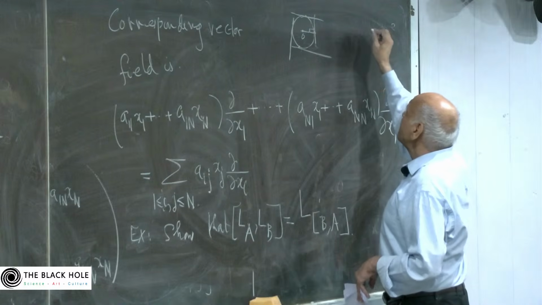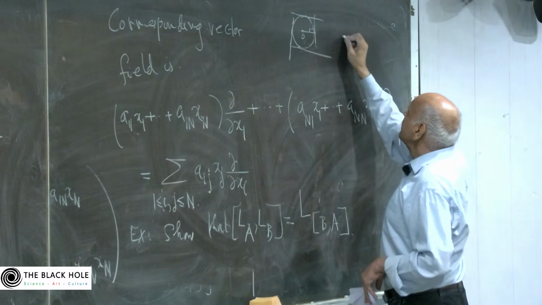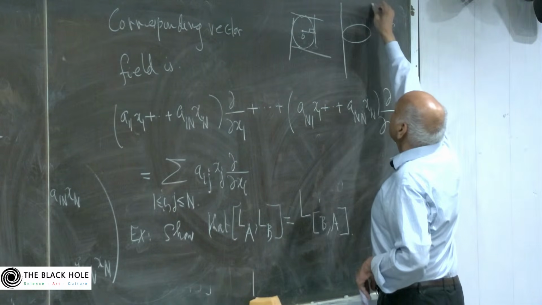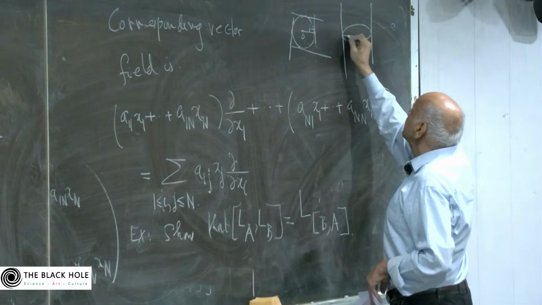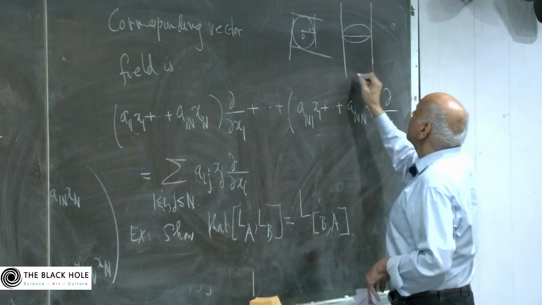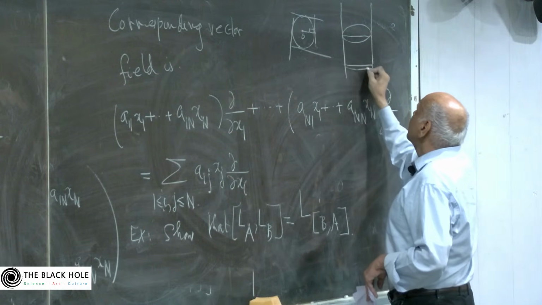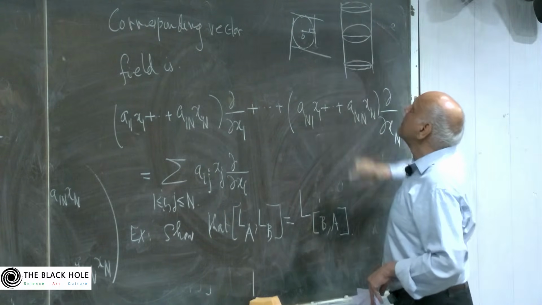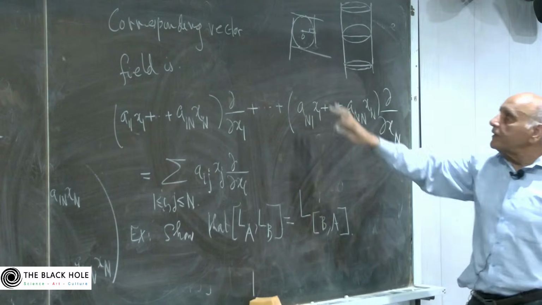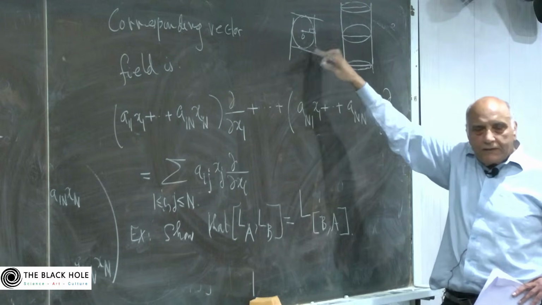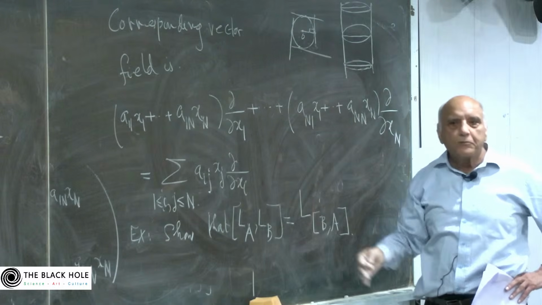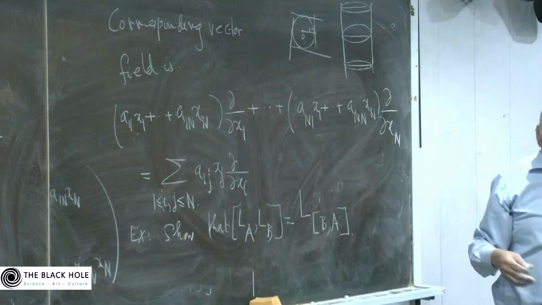Then you can straighten it out. So the tangent bundle of the circle, which we can picturize in this case, would be a cylinder.